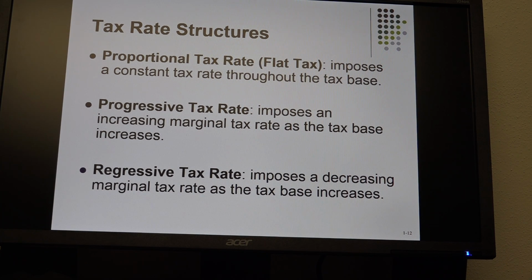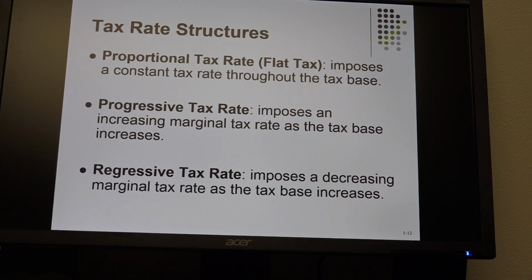FICA is capped at like $112,500 or some amount like that. Anything above that, you don't pay employment taxes on. So from that standpoint, it's a regressive tax because the more you make past $112,500 or whatever the number is this year, you don't pay any employment taxes on that. You pay income taxes, but not employment taxes.